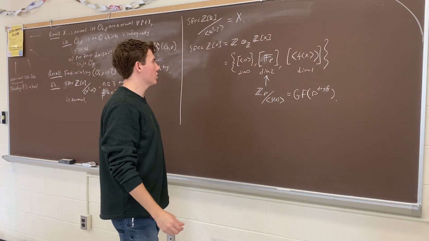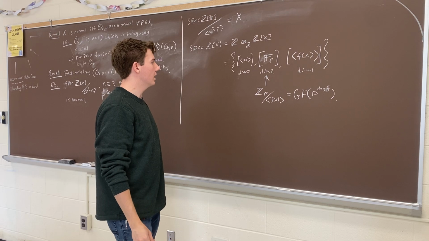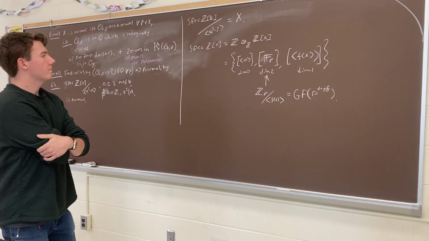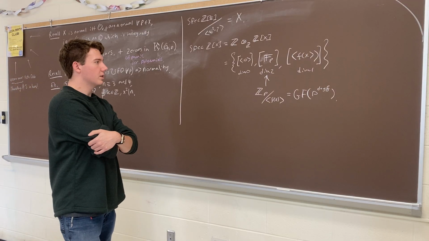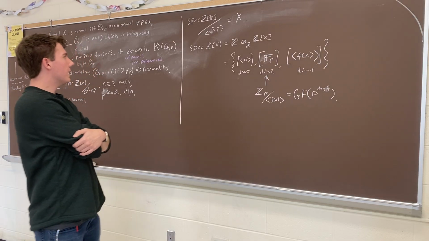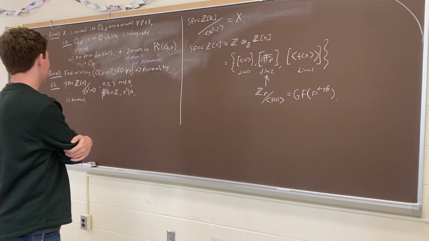So this is our general construction from field theory. Yeah. And this makes sense. This does tie together some things. Right. But then modding out by x squared minus 7.